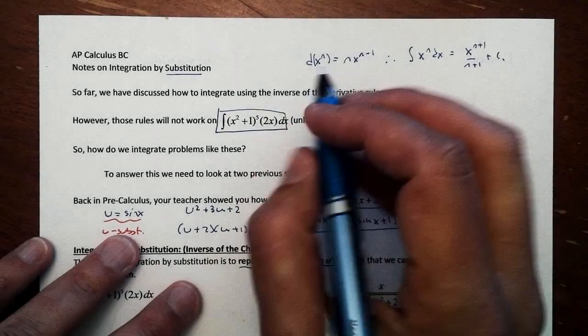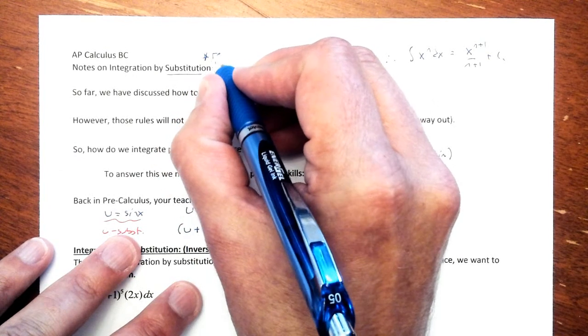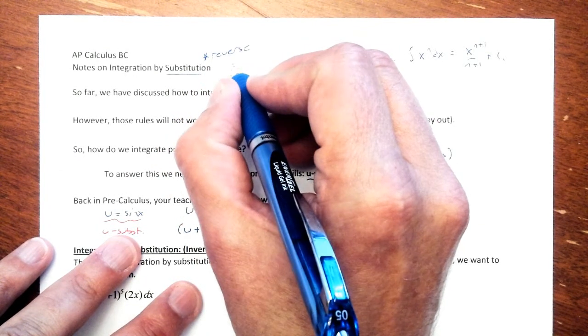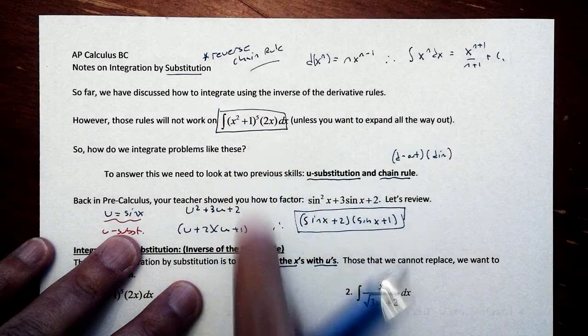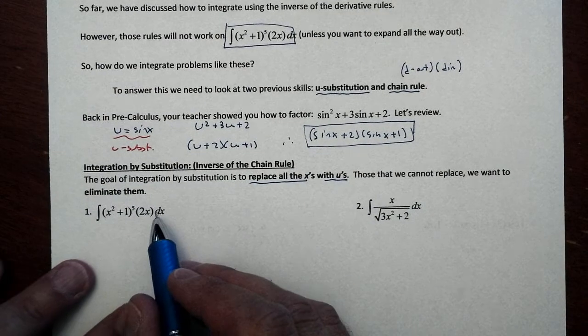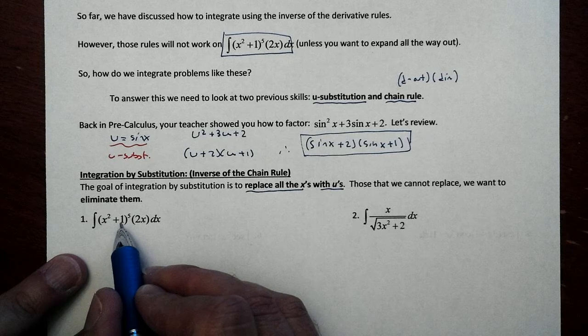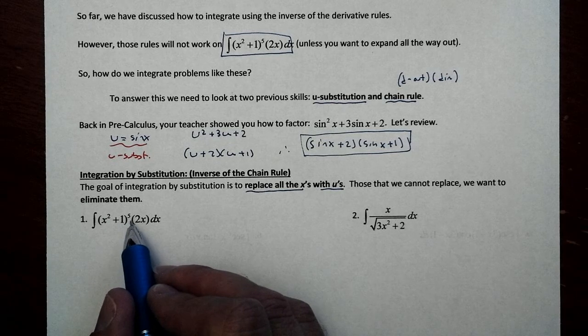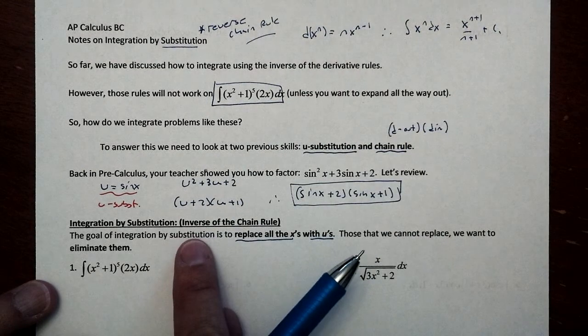Integration by substitution is sometimes called the reverse chain rule. And you're going to see why we call it that, hopefully in just a few minutes. So let's look at the original problem. We want to integrate this, x squared plus 1 to the fifth times 2x. When I say reverse chain rule, this is what I'm looking at.